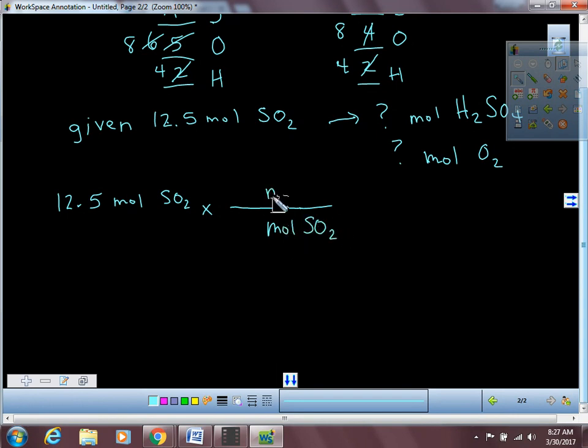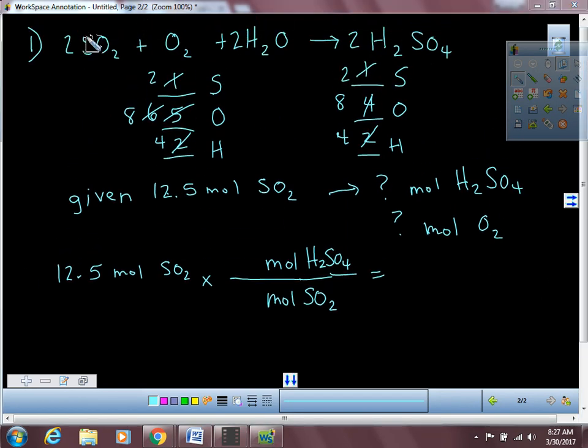I want what I'm looking for, moles of H2SO4, on the top. So what I have is on the bottom, what I'm looking for is on the top. Then I go to my balanced equation and I say, okay, I have a 2 in front of SO2 and I have a 2 in front of H2SO4. So this is called the mole ratio.